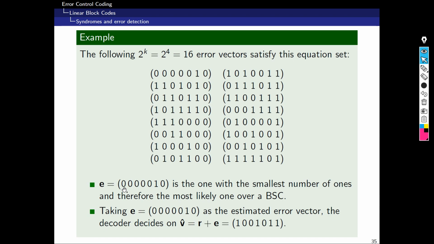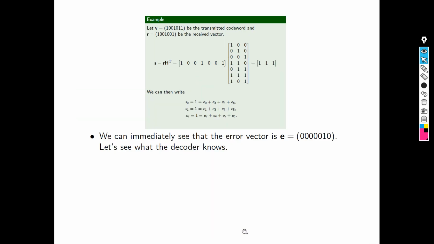It finds that this E is the one with the smallest number of ones, and therefore the most likely one over a binary symmetric channel. Taking E as the estimated error vector, the decoder decides on V equal R plus E. After you find the error E, you just add E to R and you find V, and you find that V is this value that you transmitted.